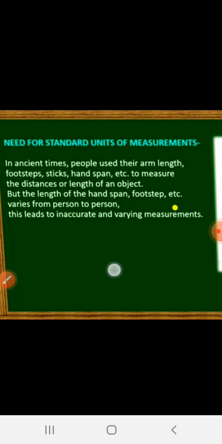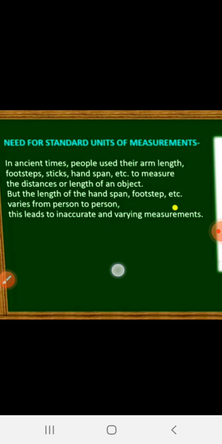But the length of handspan and footstep varies from person to person, which is not accurate because the size of foot and the size of handspan may vary. This leads to inaccurate and varying measurement.